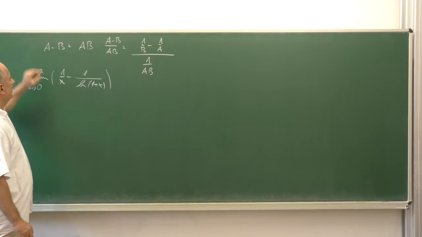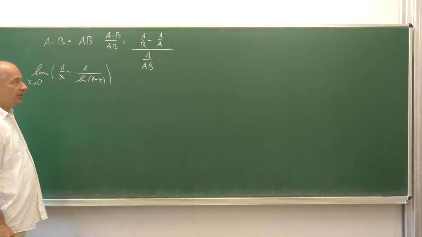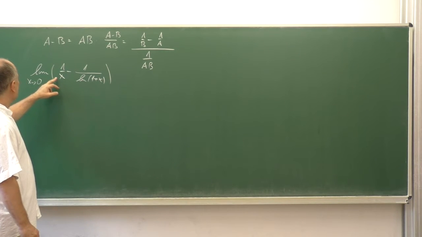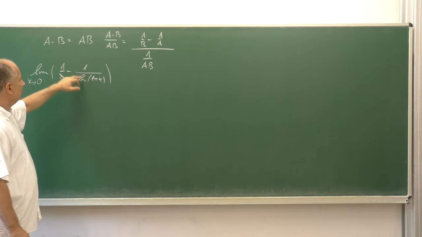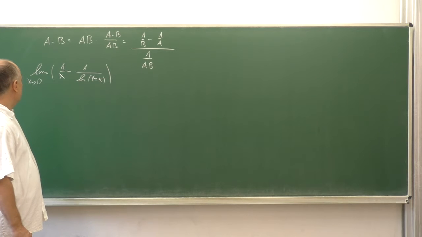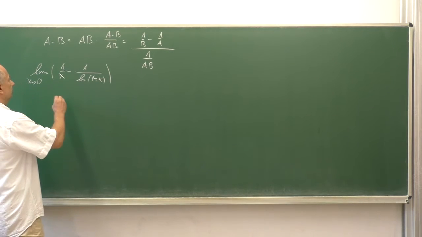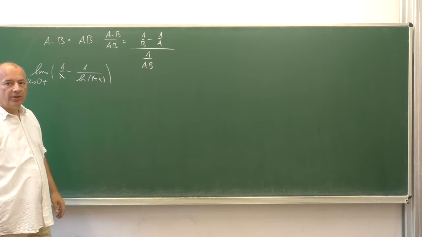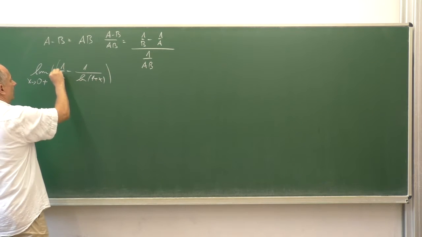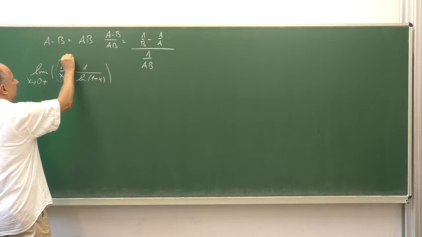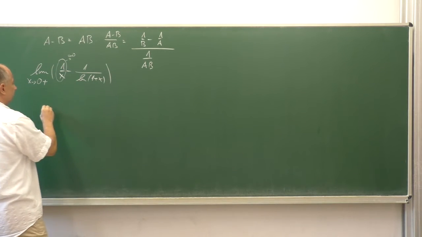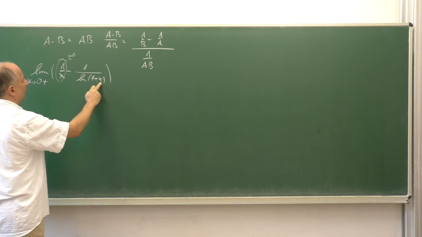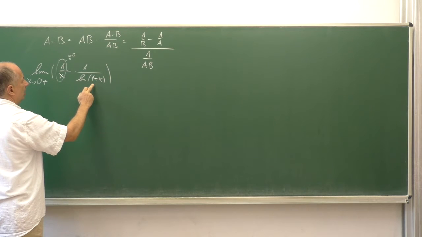Something in this sense can be done for this limit, for example. Limit of 1 over x minus 1 over logarithm of 1 plus x, if x goes to 0, say from the beginning, let's write x goes to 0 from the right. Then this goes to infinity. Logarithm of 1 is 0.